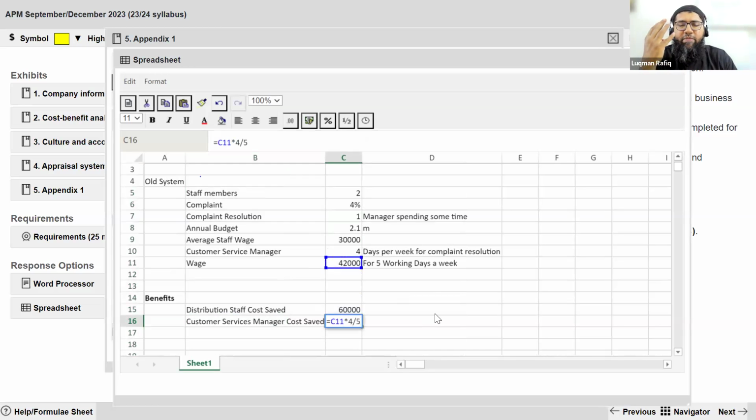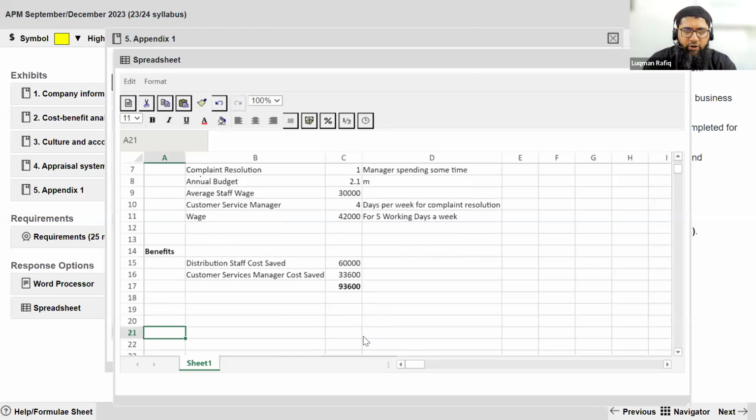Because he's being used for 4 days out of the 5 working days. So what are we going to get? Which is going to be 33,600, right? So the benefits are these.